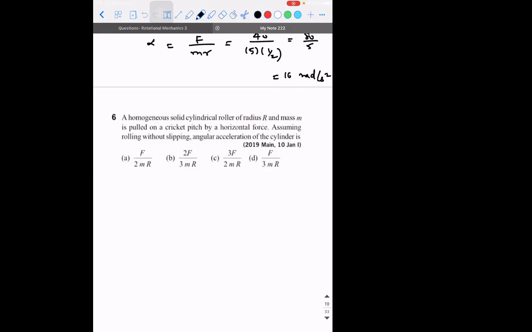In the question, the one that is missing is capital F. They have not given it in the question, but when they say horizontal force, it is capital F.